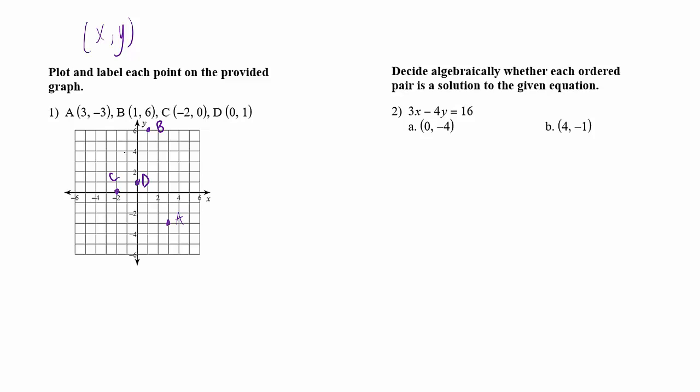On number 2, it asks us to decide algebraically whether each ordered pair is a solution to the given equation. So in order for us to decide algebraically, we better do some algebra. We are going to plug in, starting with A, the 0 and the -4, where X and Y are.